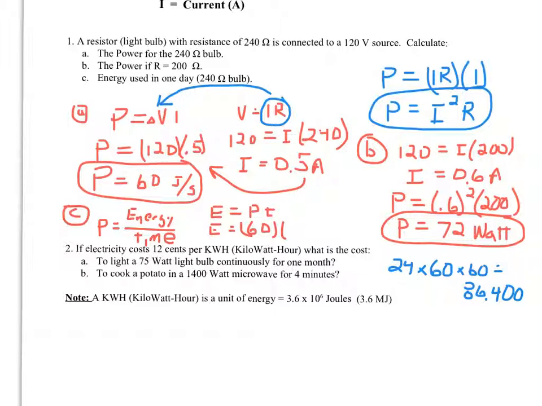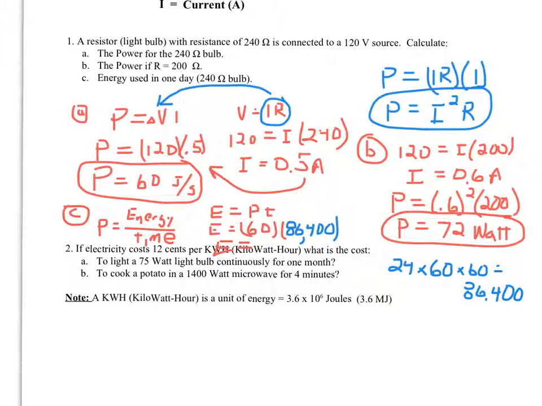So I have to put that into the equation over here. I'll do it in blue again. 86,400. That's a comma there. Okay. So if I have 60 joules per second times 86,400 seconds, I get a total energy, change into red again. So the energy here, sorry about this.